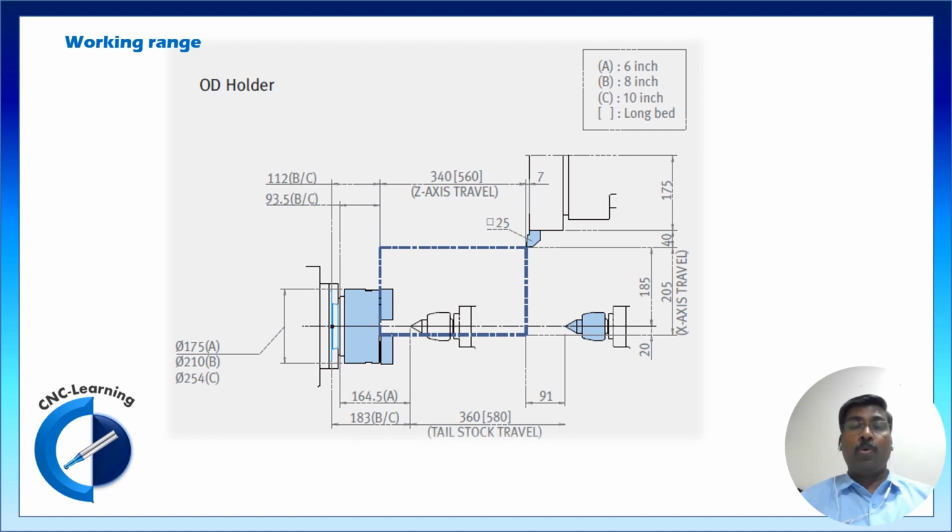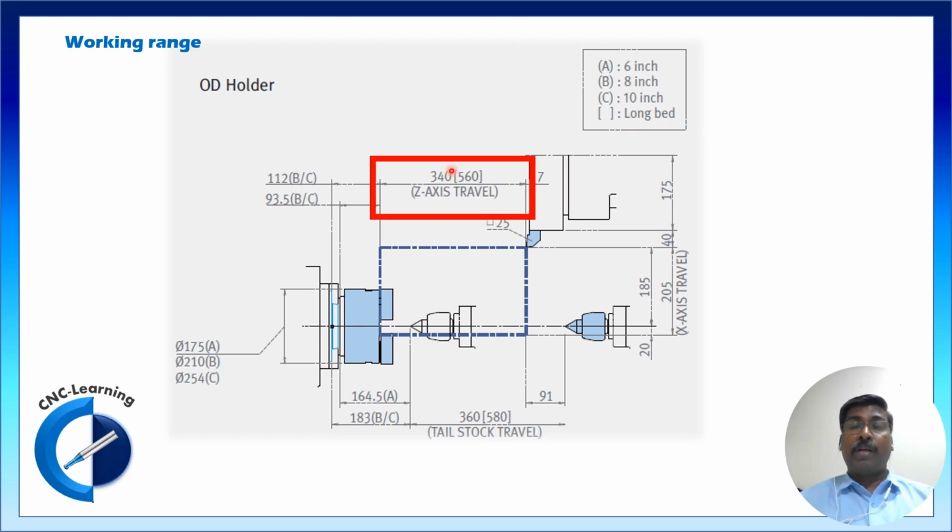Now let us have a look at the working range. With the standard OD holder, here you can see different sizes of the spindle, I mean chuck, 6 inch, 8 inch and 10 inch, and this bracket is for long bed.